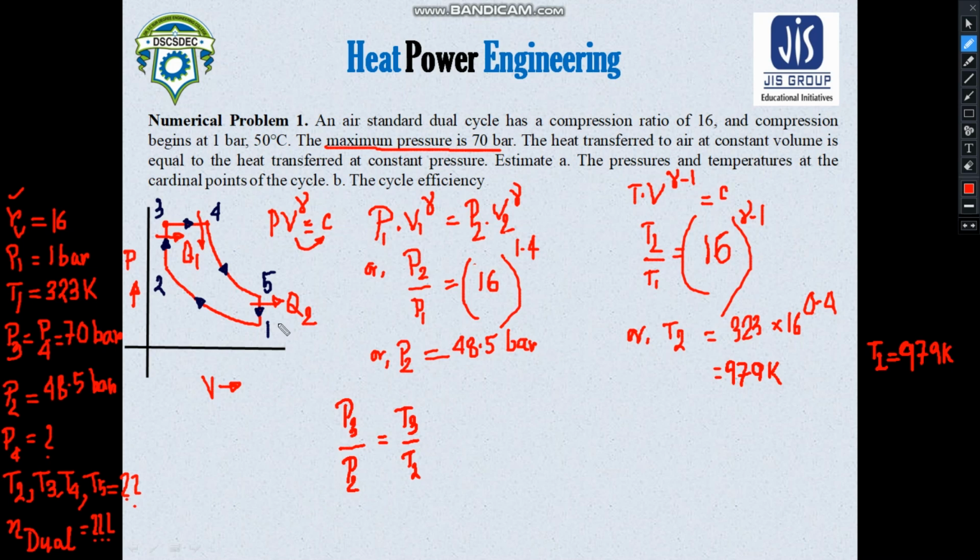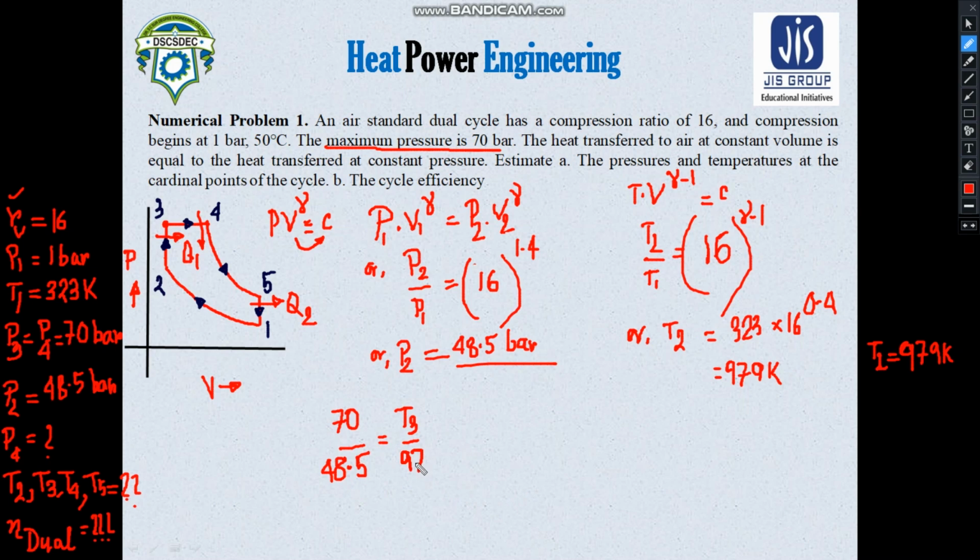Now you know P3, right? P3 is the maximum pressure and it is given by 70 bar. So if P3 is 70 bar, then you can replace it with 70. We have already calculated P2 and it was found to be 48.5 bar here. And we have already calculated T2 also. So T2 is 979.